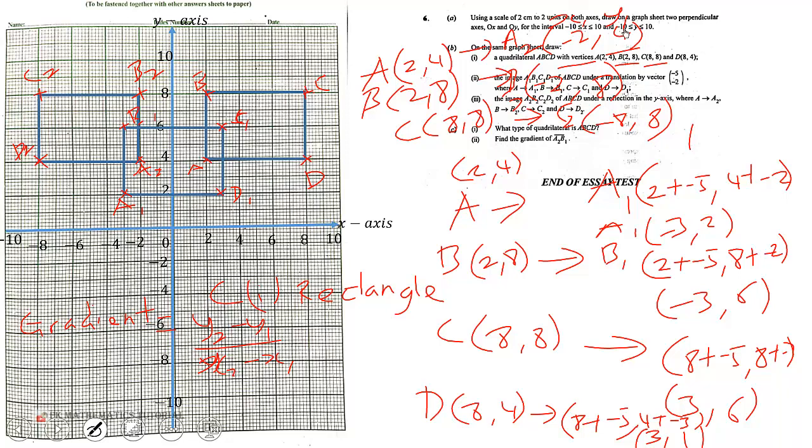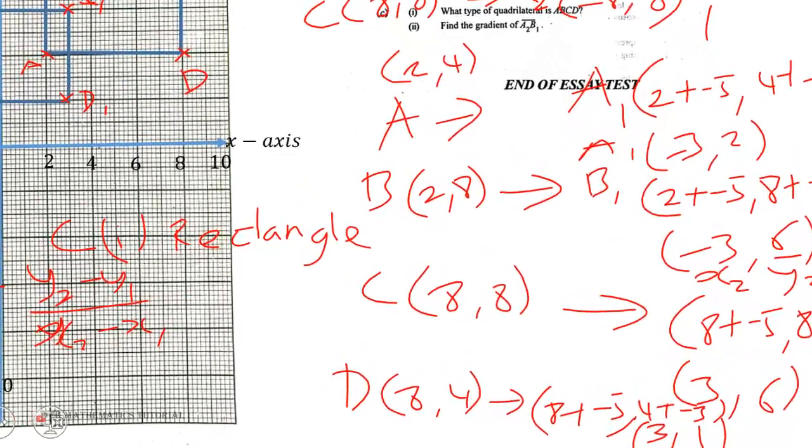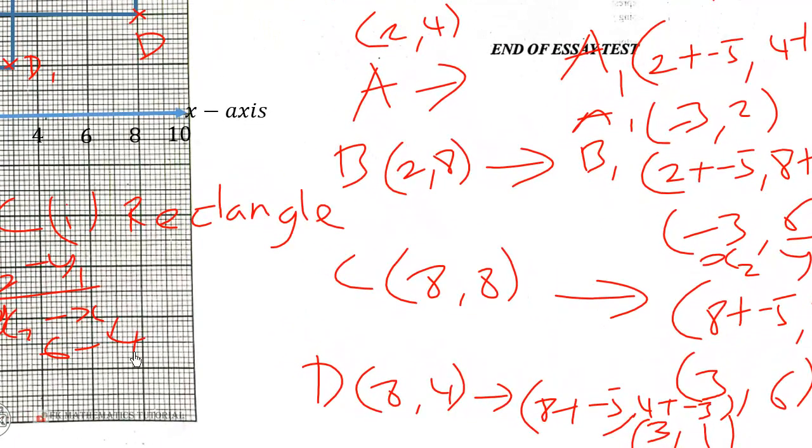Then B1 is having coordinates negative 3, 6, so x2, y2. So 6 minus 4 over negative 3 minus negative 2. So that will be equal to 2 over negative 1, which is equal to negative 2.